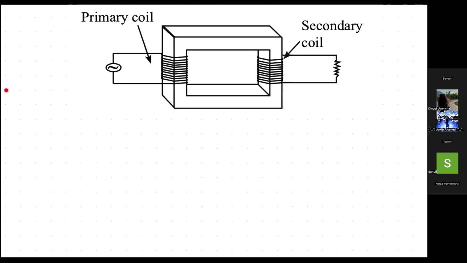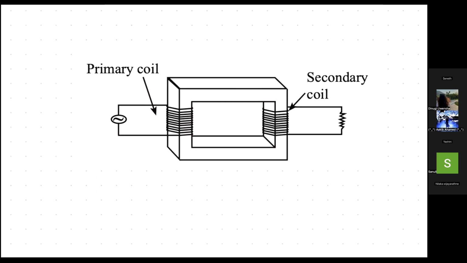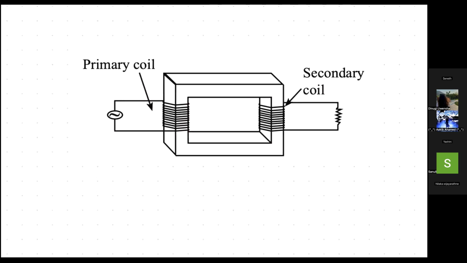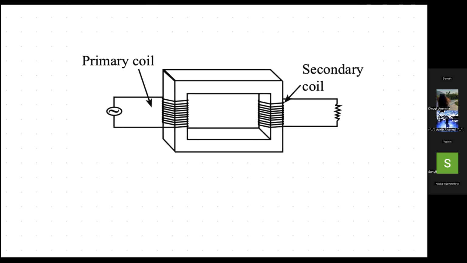Now, earlier we just said circuit 1 and circuit 2, but we have better names for them. Circuit 1 is called the primary coil. Circuit 2 is called the secondary coil.